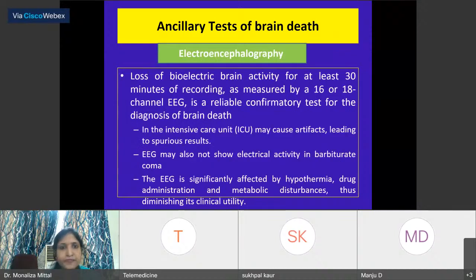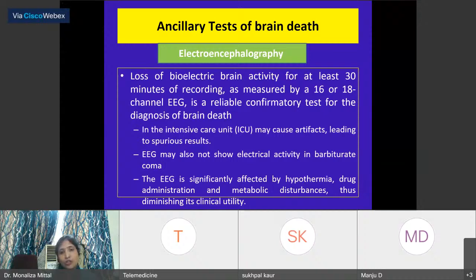lemniscal lesions. Other is EEG, that is electroencephalography. Loss of bioelectric brain activity for at least 30 minutes of recording as measured by 16 or 18 channel EEG is a reliable confirmatory test for diagnosis of brain death. But there are certain pitfalls. If the patient is in the ICU, there will be artifacts that may lead to spurious results.